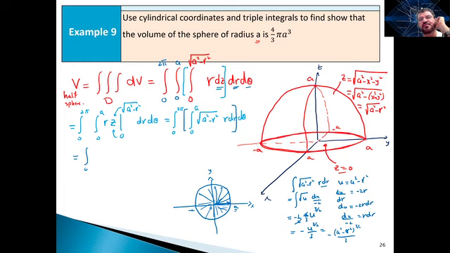So this is the integration from 0 to 2 pi of minus, okay, minus 1/3 can go out, by the way. So what am I left with? A square minus R square to the power 3/2, and this is from 0 to A, and then d theta.